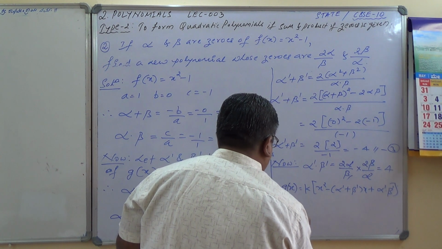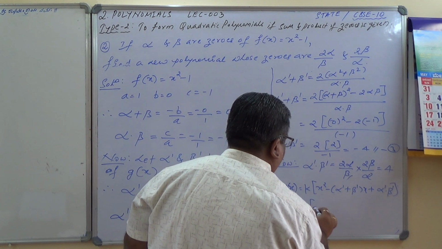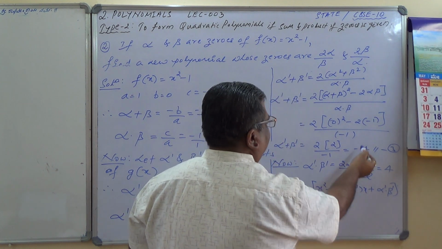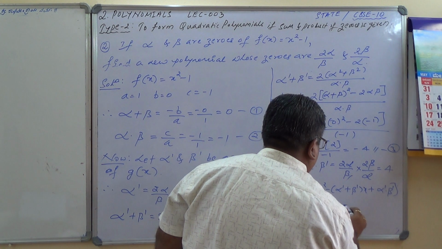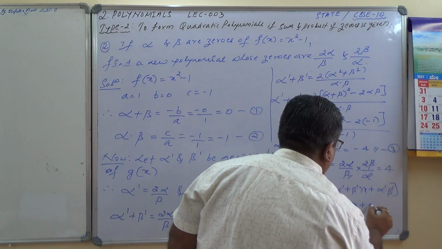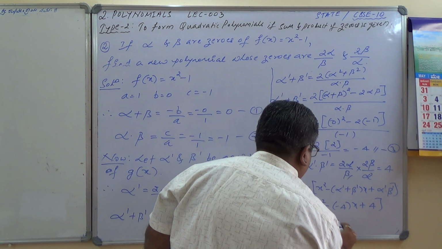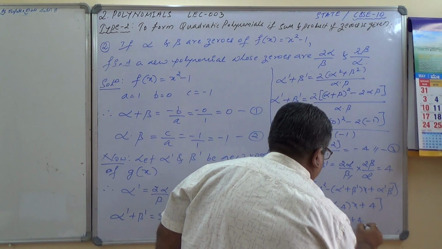Therefore, g of x equals k times into bracket x square minus alpha dash plus beta dash, which is minus 4, x plus 4, which equals k times x square plus 4x plus 4.